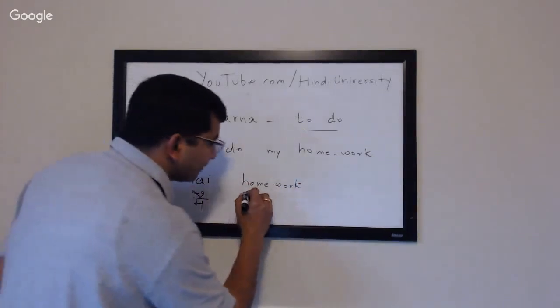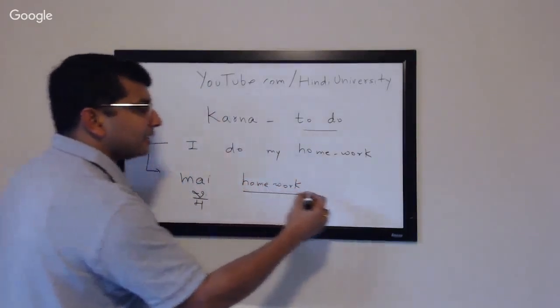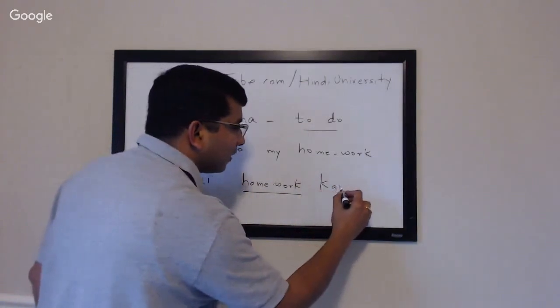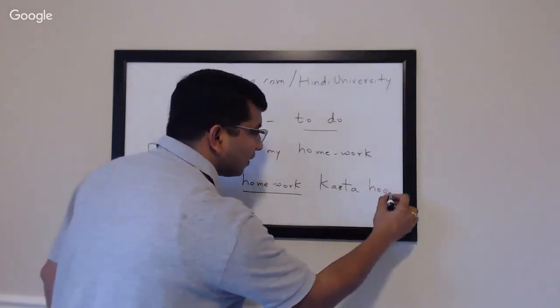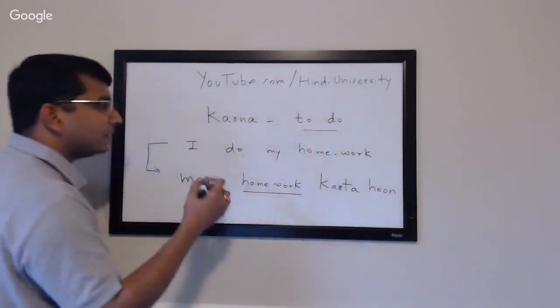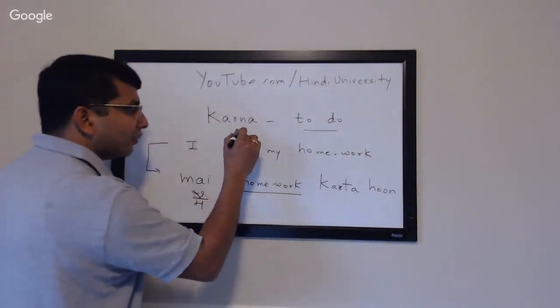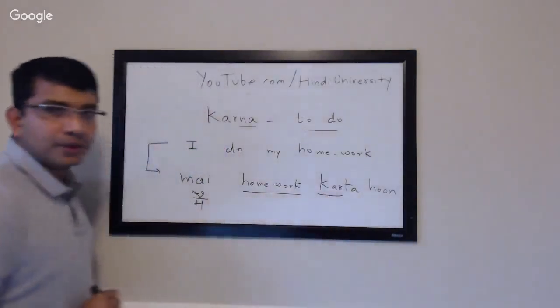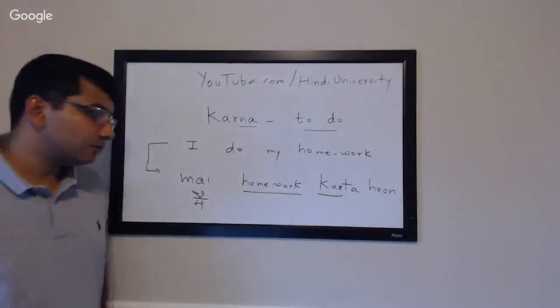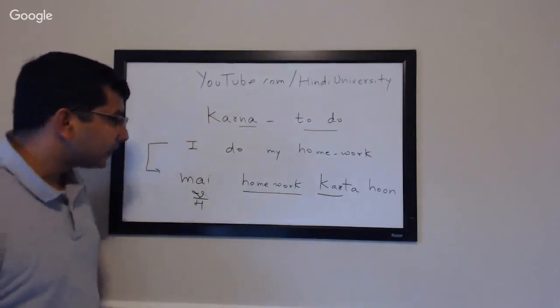I'm just using the English word right now. And then you will say karta, karta for a male. What you've done here is, in the infinitive form, you remove na and you put ta. मैं homework करता हूँ. And that's for a male.